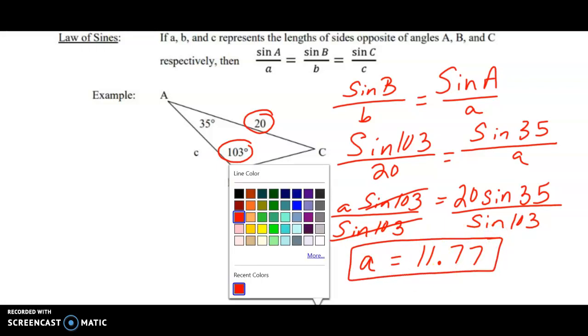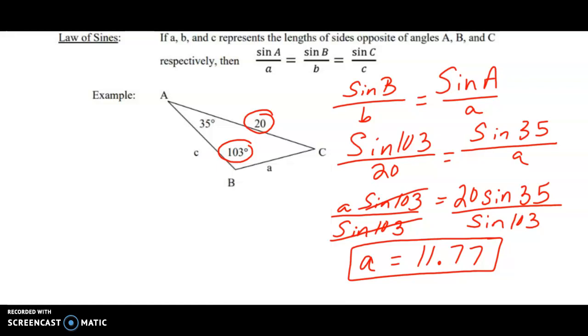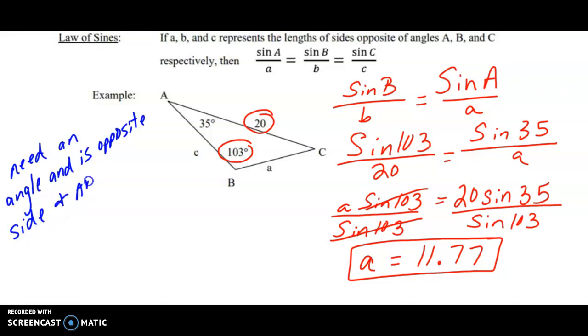Okay, so when do we use the law of sines? You use the law of sines when you have an angle and its opposite side, and then any other piece of the triangle.